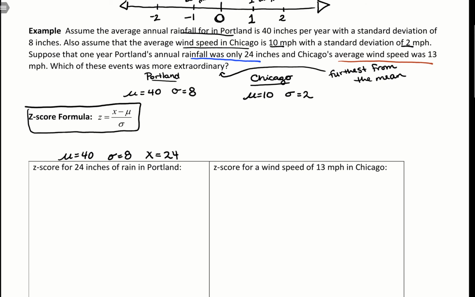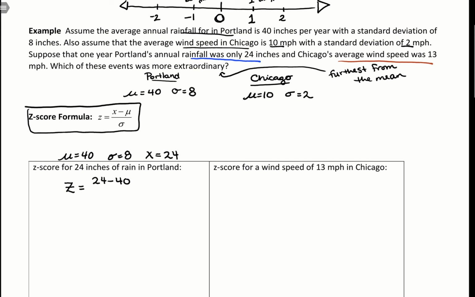So what we're doing with this z-score is we're looking at our distance from the mean first. So we take 24 minus 40. So if we carry out that subtraction, that'll tell us how far from the mean we are. But that distance that they're giving would still be in rainfall. It would still be in inches of rainfall for Portland.